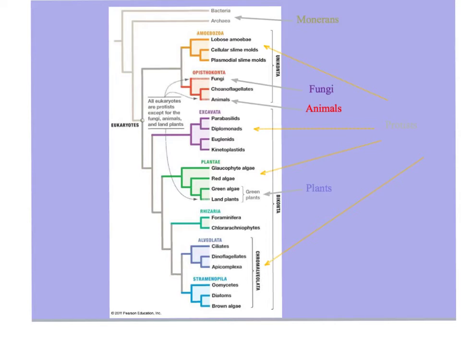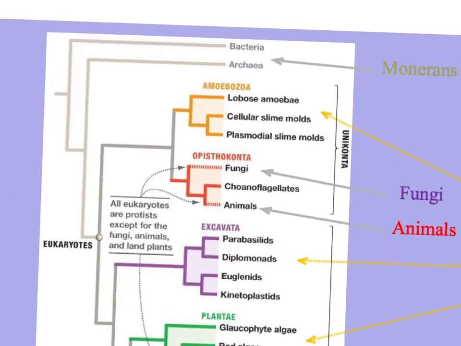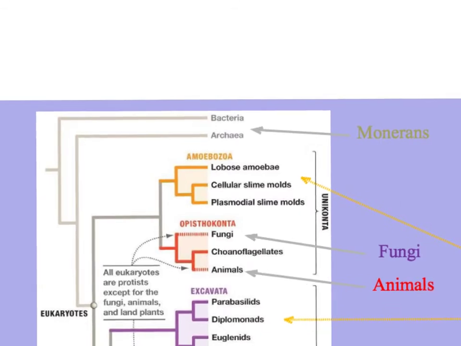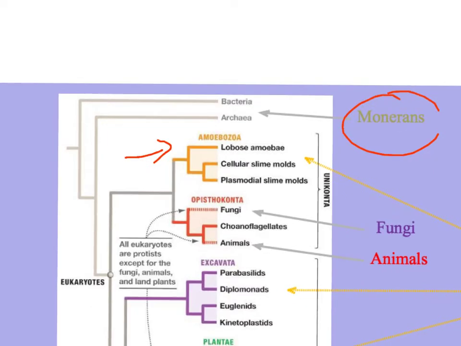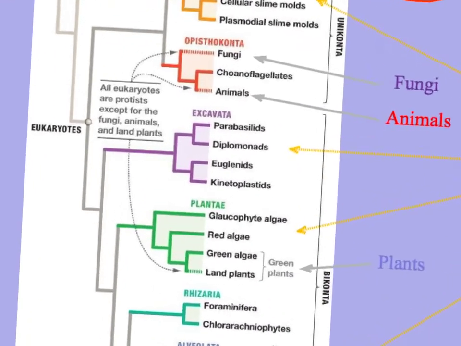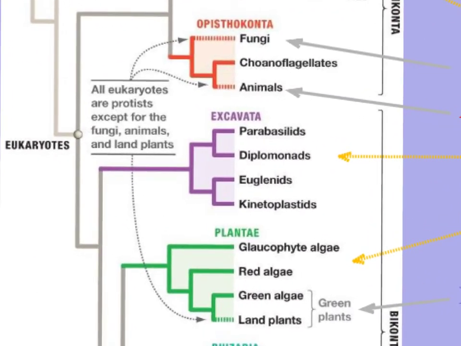But with Explain Everything, you can just enlarge it and say, okay, let's just look at the top. Let's look at the monierans here. Let's look at the amoebozoa and see how they're related to each other. Then we can go back and maybe now focus on the opisthokonts.